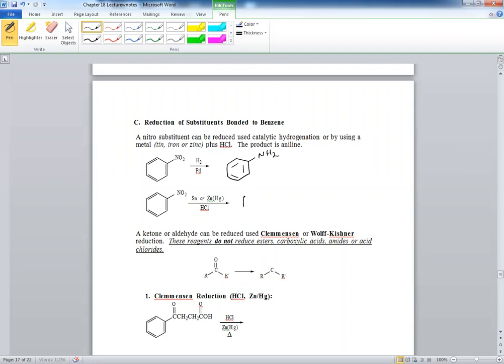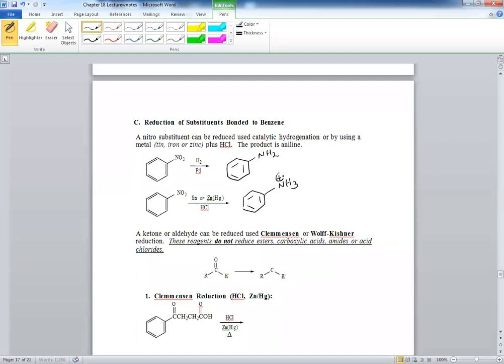There's another route, because this may not be suitable all the time. You need hydrogen gas. The alternative is that you can use tin or zinc complex with mercury with acid, and you produce NH3+.